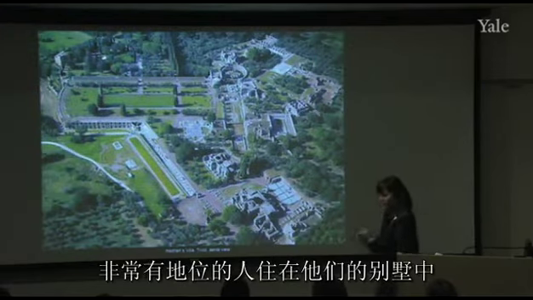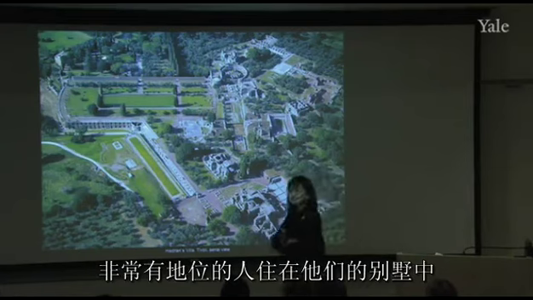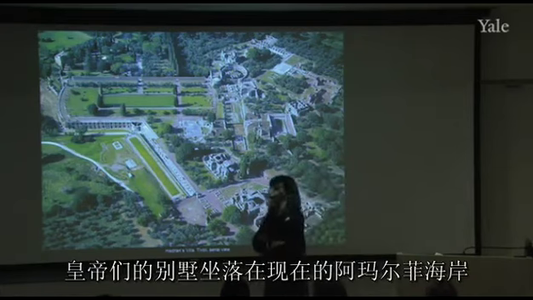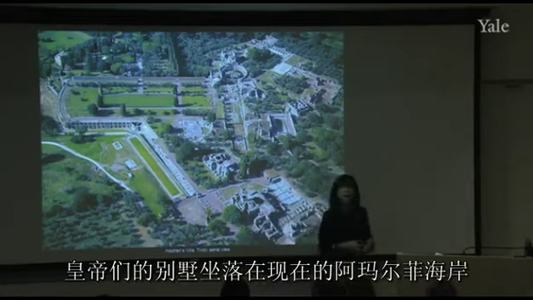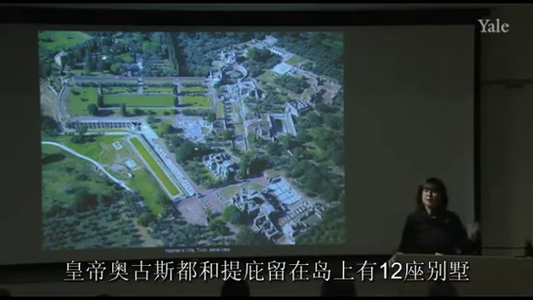The very well-to-do had villas. The emperors had villas all along what is now the Amalfi Coast. On the island of Capri, the Emperors Augustus and Tiberius had 12 villas.